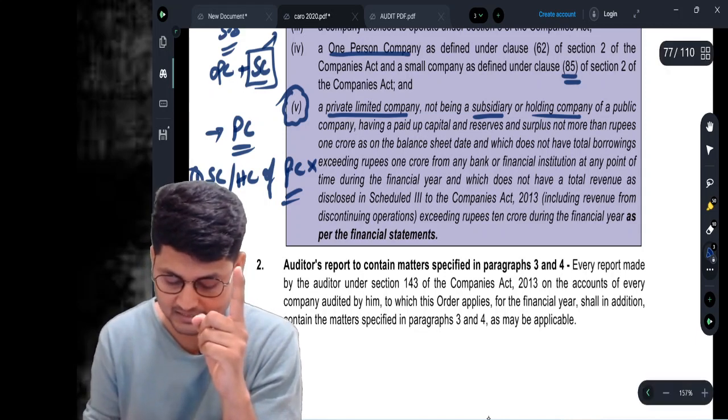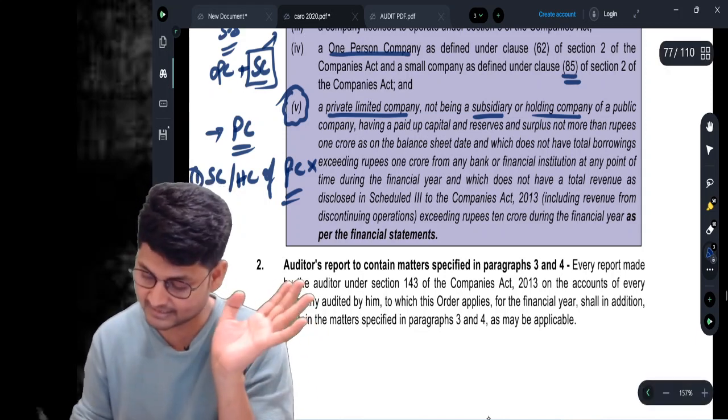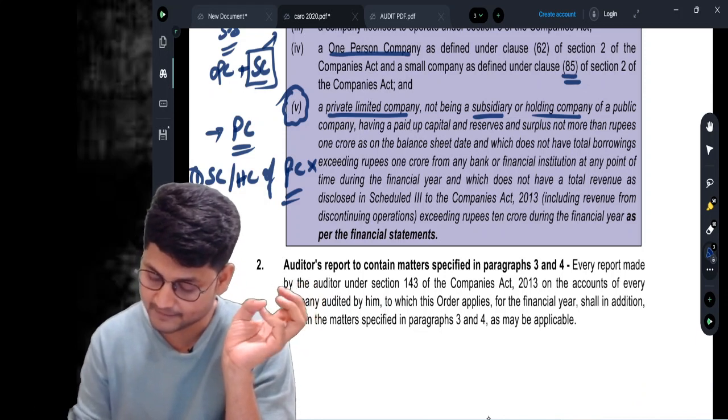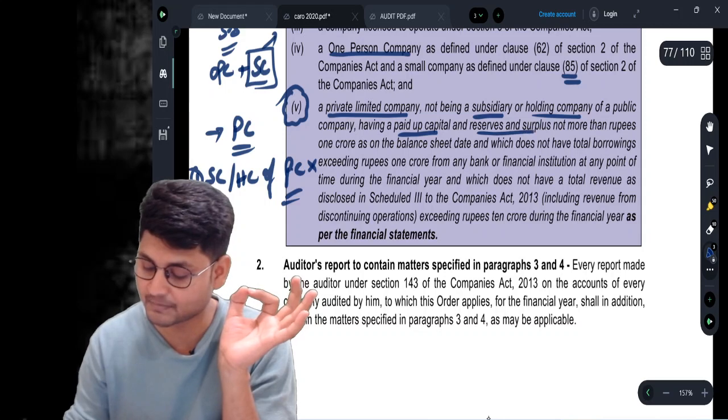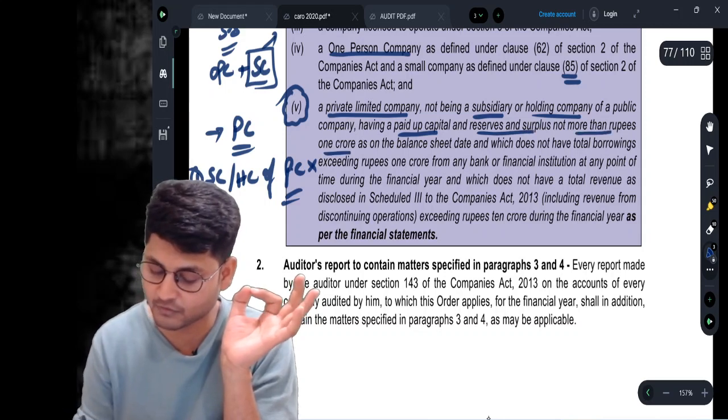And then another condition is also there. Having paid up capital and reserves and surplus not more than rupees 1 crore.